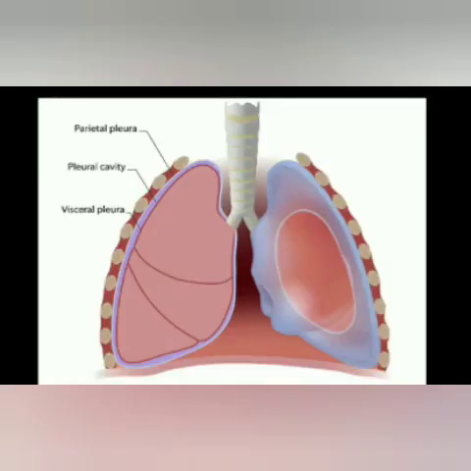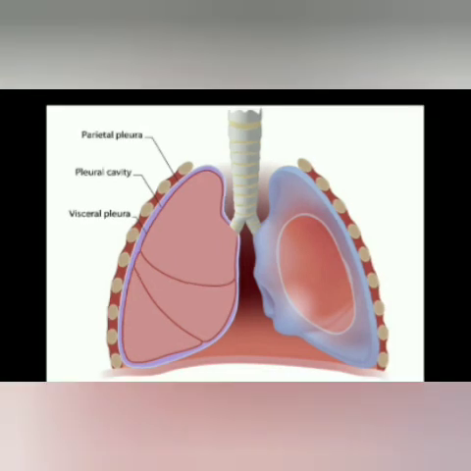Now let's talk about the membranous coverings of the lungs. So each lung is covered by two membranes, the inner visceral pleura and the outer parietal pleura, with watery fluid called pleural fluid in the pleural cavity that is found between the two membranes. So what is the function of this fluid?